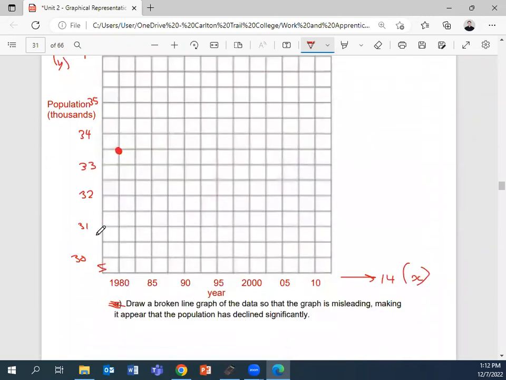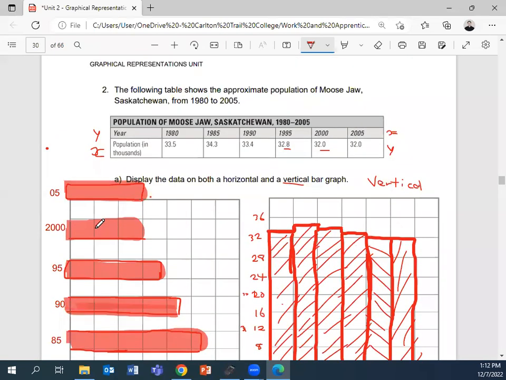And then that's it. Then you just go to that next data set, and you keep going and going and going. So you have to flip back and forth a little bit.